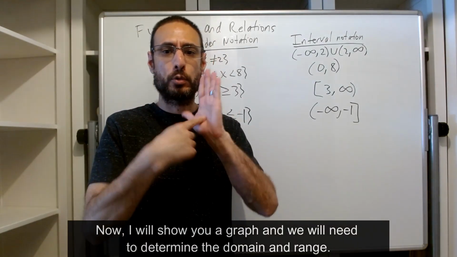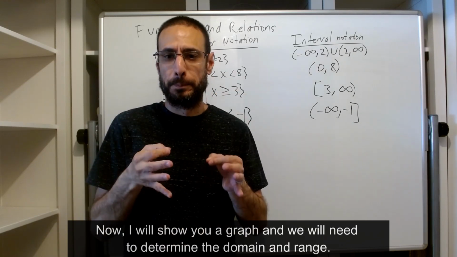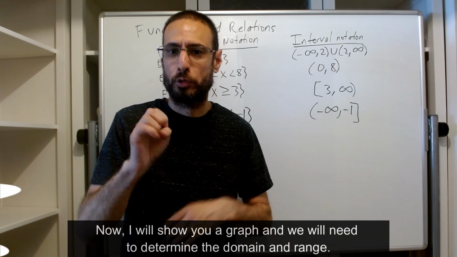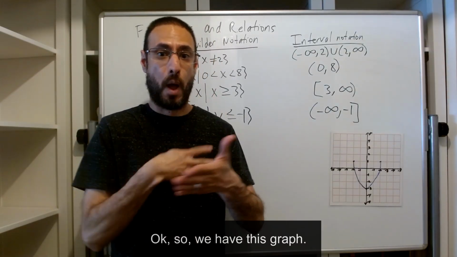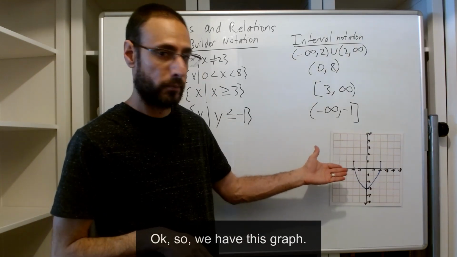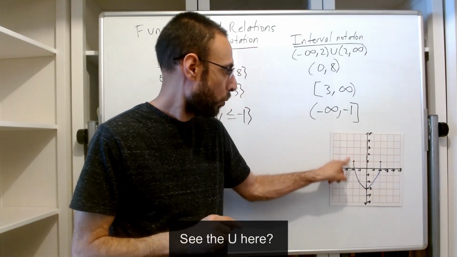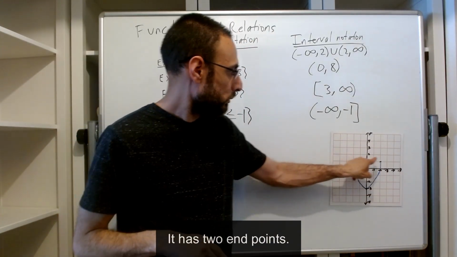Now, I will show you a graph and we will need to determine the domain and range. Okay, so, we have this graph. See the U here? It has 2 endpoints.